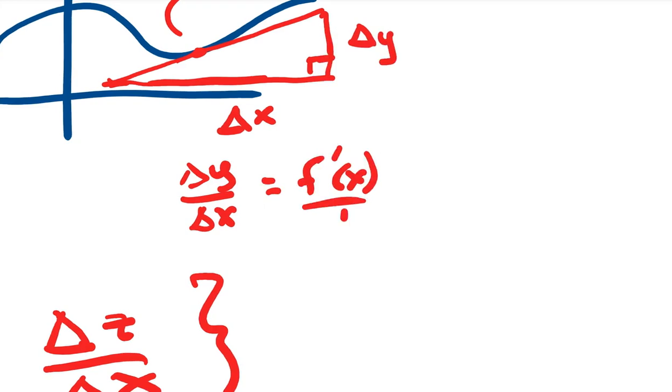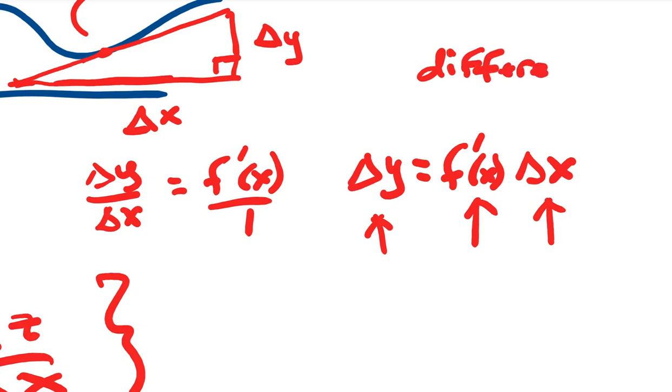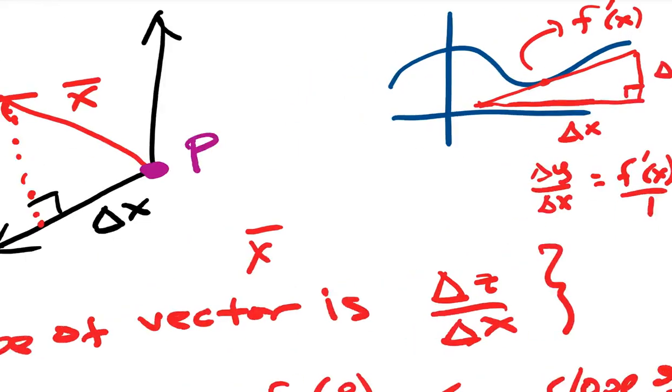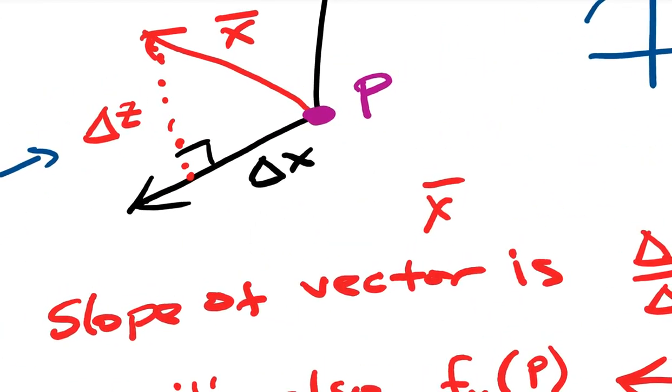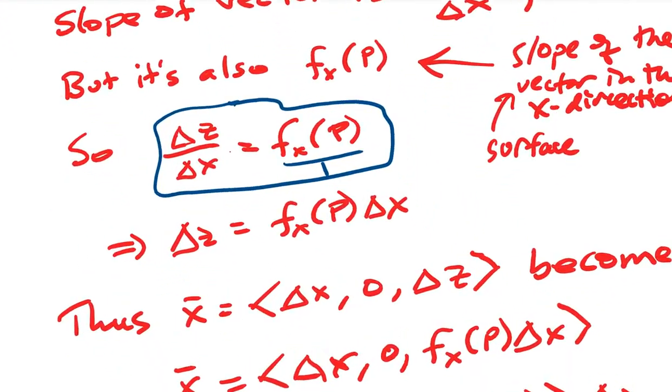If you cross multiply, delta y was f prime of x times delta x. The slope of the hypotenuse times the change in the horizontal direction was the change in the vertical direction. You saw this in differentials. That's what's happening in this scenario, but here the delta y is delta z. So we have a very similar situation.